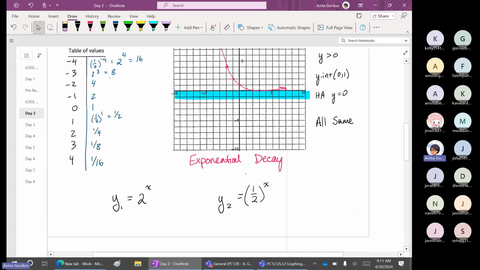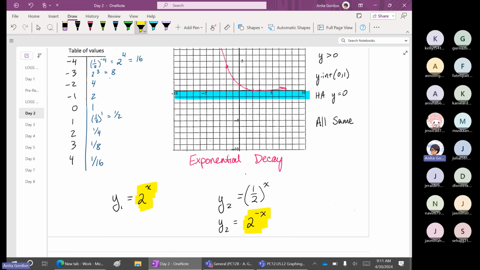Okay, I can rewrite y2 as 2 to the negative x. Can you see how I did that? When we have a negative exponent, it's telling you that that 2 is in the wrong position. It should be in the denominator for the exponent to be positive, right? So I can rewrite it as a negative exponent, and I want you to see what is the difference between this and this.